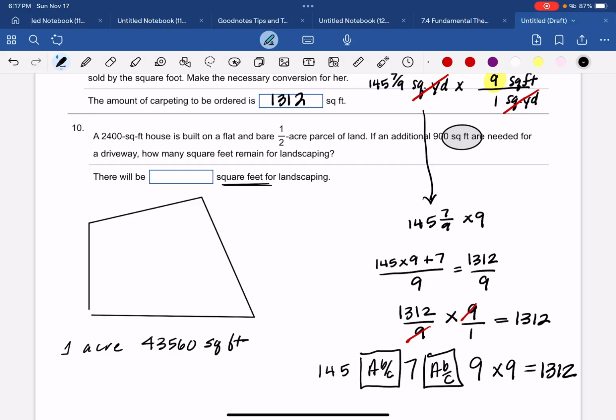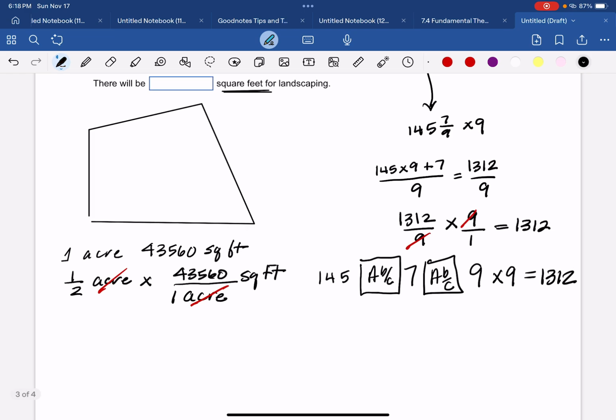So if you have a 1/2 of an acre times, and you want your answer to be in square feet, so that's going to go on top, and acres going to go on bottom. Your acres are going to cancel out here, and then that's going to end up being 43,560 divided by 2 square feet.